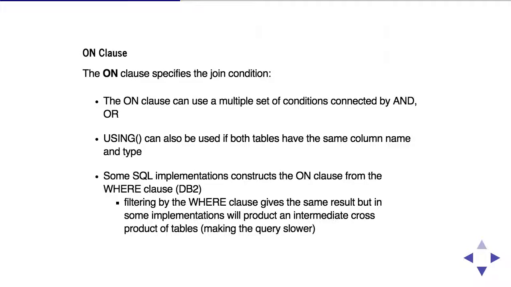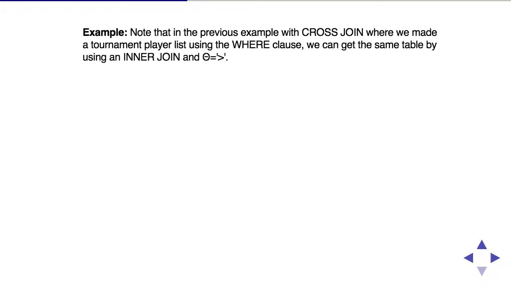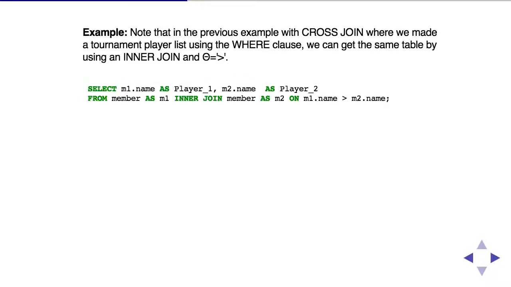If it's a very long query, that helps out quite a bit, since joining two tables together can be very time consuming. For instance, with the previous table we had before, if we did the exact same kind of condition, we could use the inner join, where our theta is greater than.